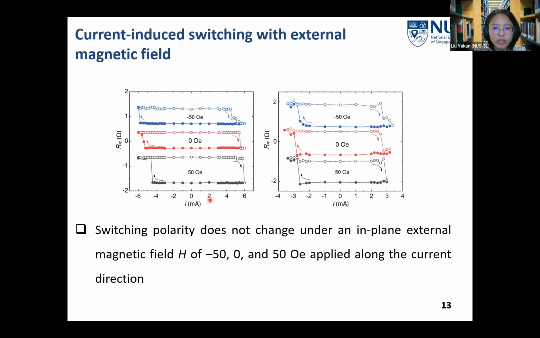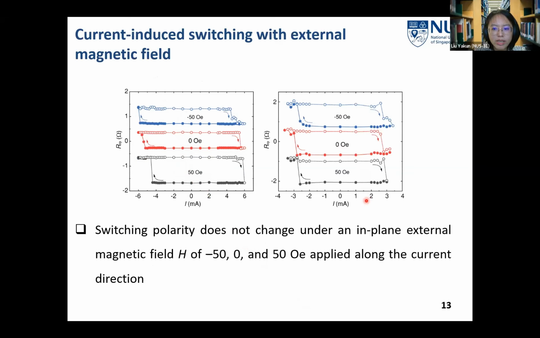Meanwhile, we also noted that the switching polarity doesn't change with the change of external magnetic field direction. This is very abnormal. This absence of polarity change can be repeated in different devices.